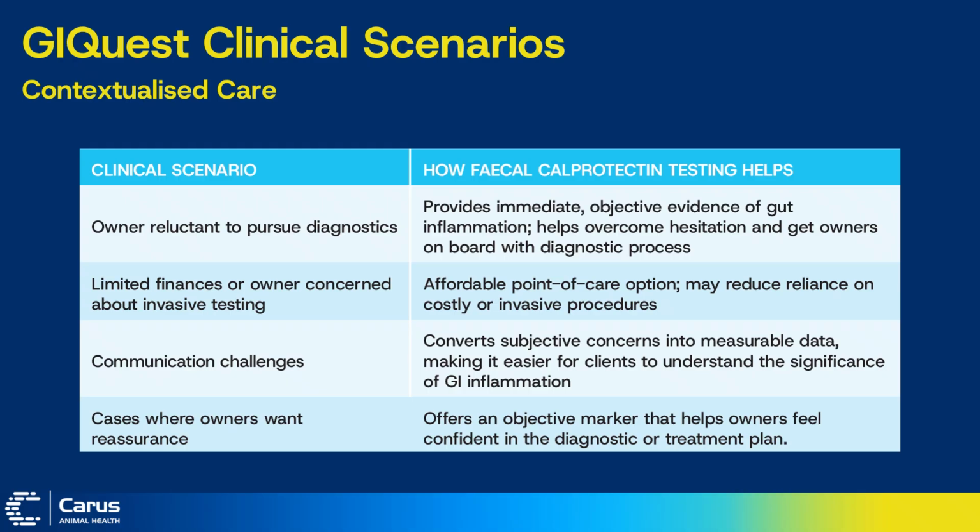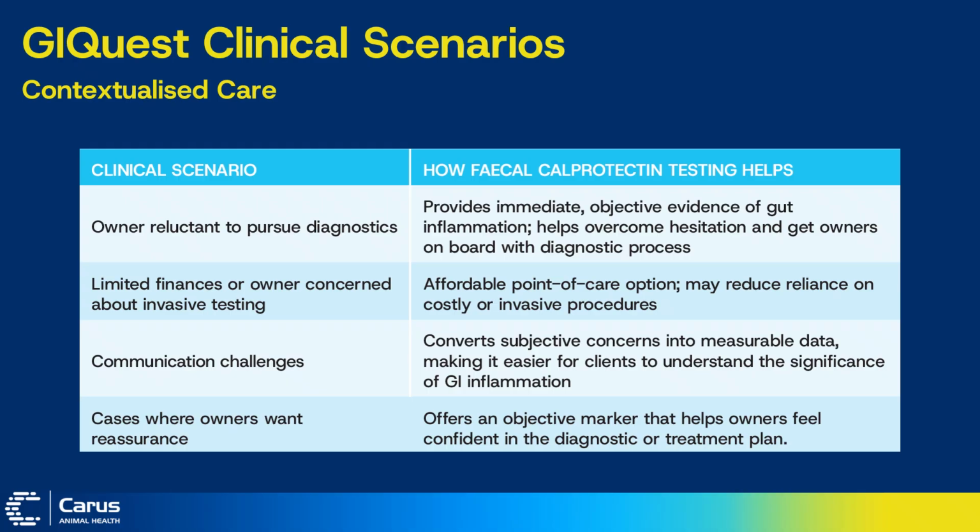If owners have limited finances or they're concerned about invasive testing, it really can be that affordable point of care option, and it can reduce our reliance on those maybe more costly or invasive procedures. As I said, if they're reluctant to pursue diagnostics, it helps provide that immediate objective evidence of gut inflammation and helps them get on board with that diagnostic process.